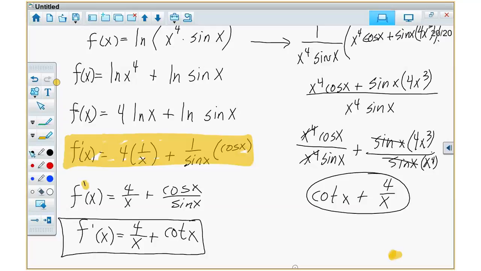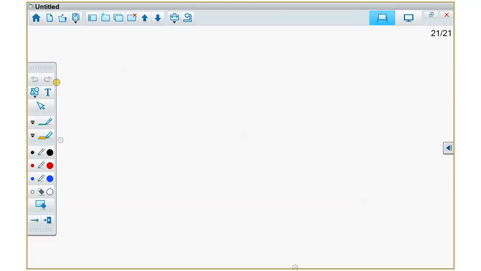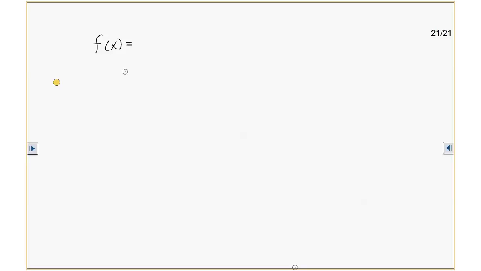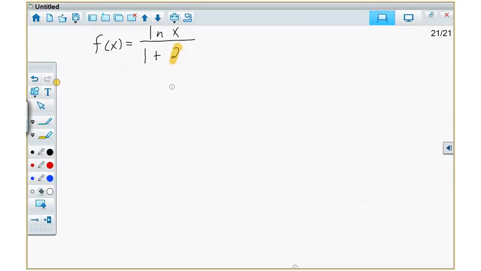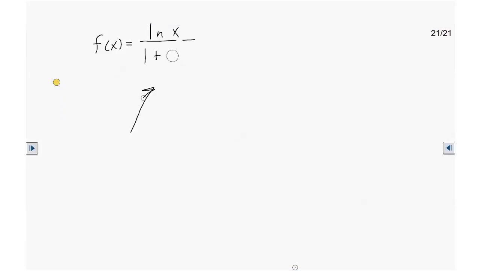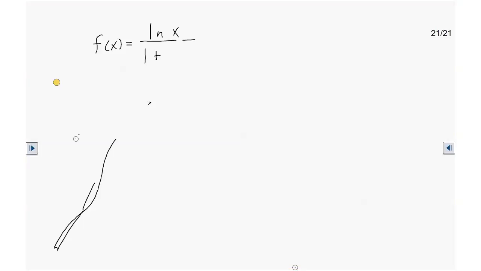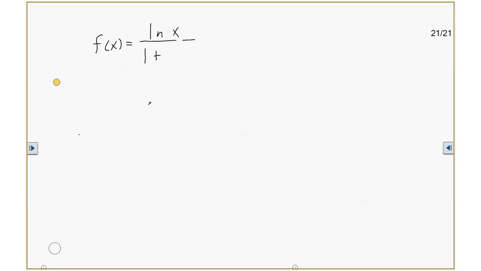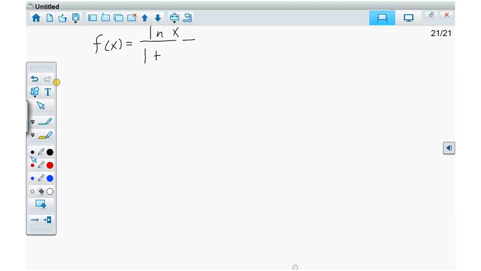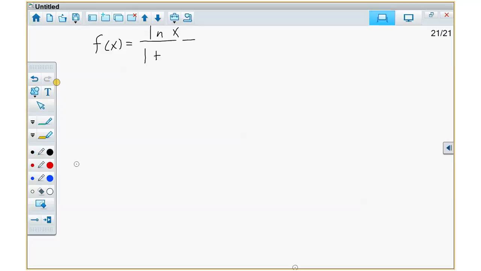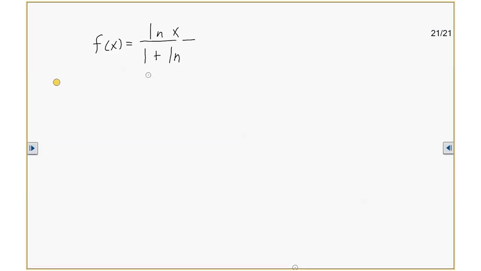All right. Y, or f of x, is equal to the natural log of x over 1 plus natural log of 2x.